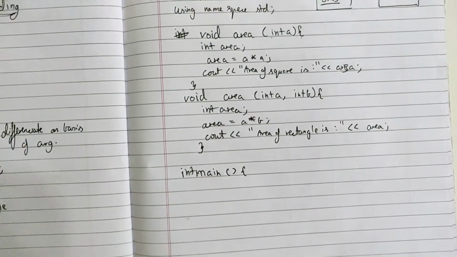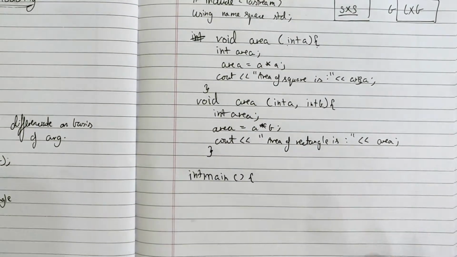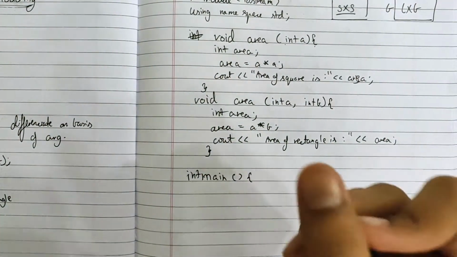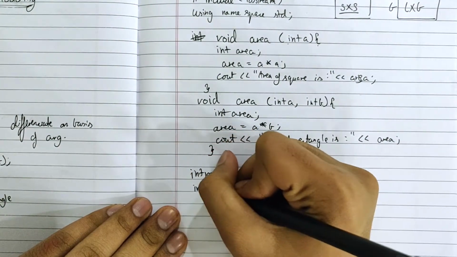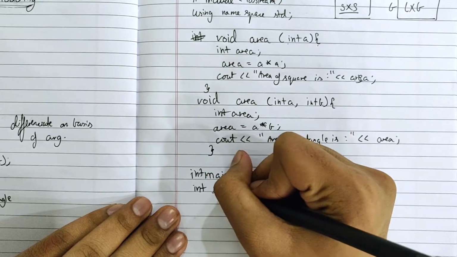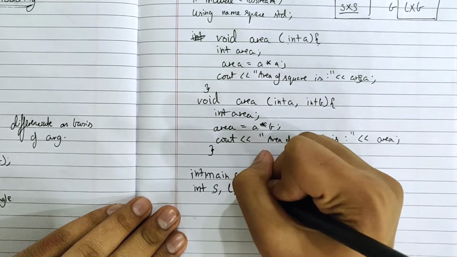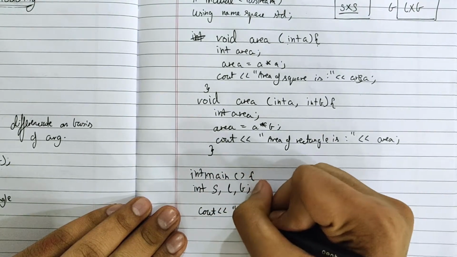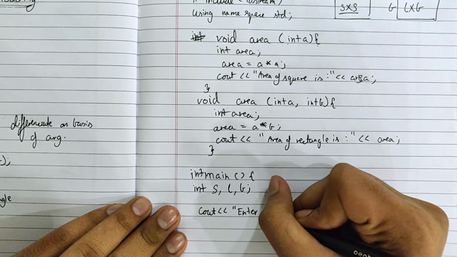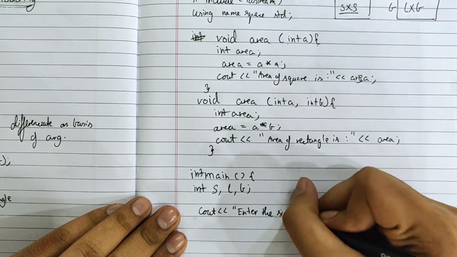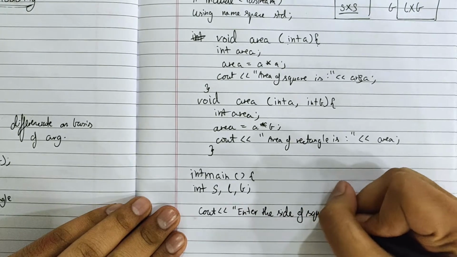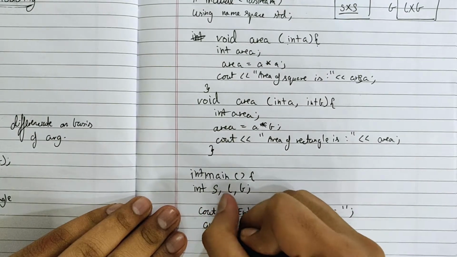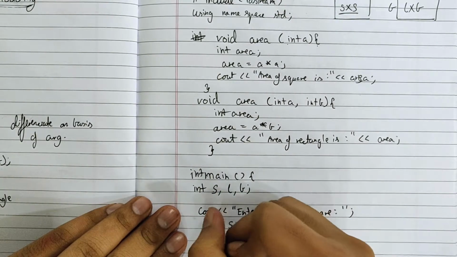In int main we simply just need to take in the values. So our int main will be like, we'll first create three variables. Int s, we'll create length, we'll create breadth. Okay, so cout enter the side of square, and we take the input s.